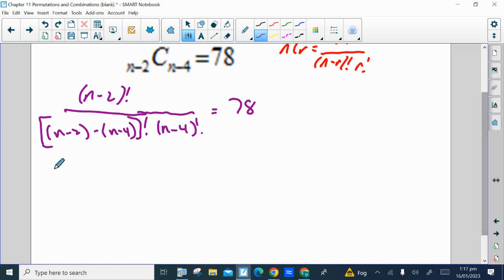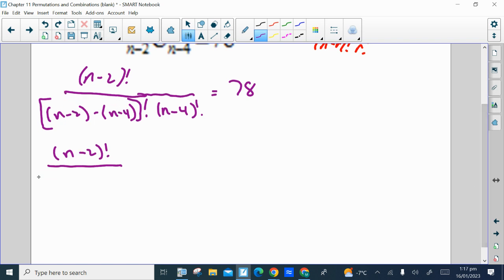Now on the bottom, when we remove the brackets, those rounded brackets inside, it changes all the signs inside. So this n on the n minus 4 is going to become a minus n. You're going to have n take away n, they're going to cancel, and then you'll have negative 2 plus 4, and maybe I should write that out just so there's no confusion. That's what it'll look like.